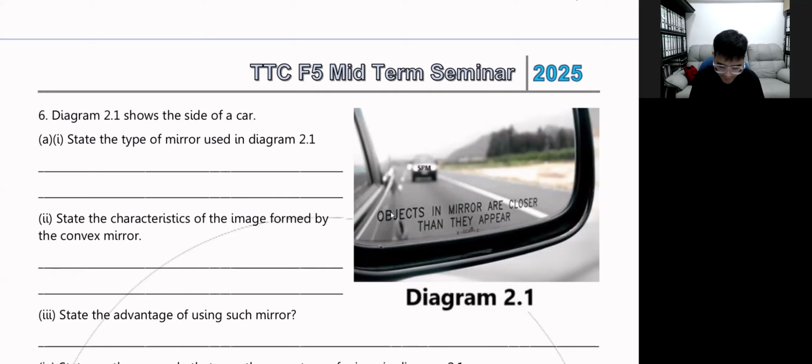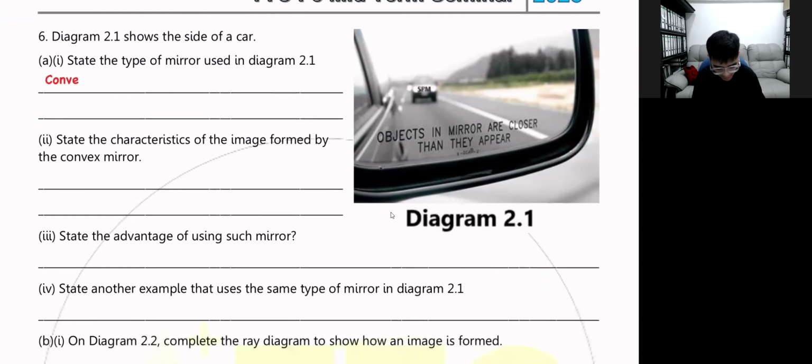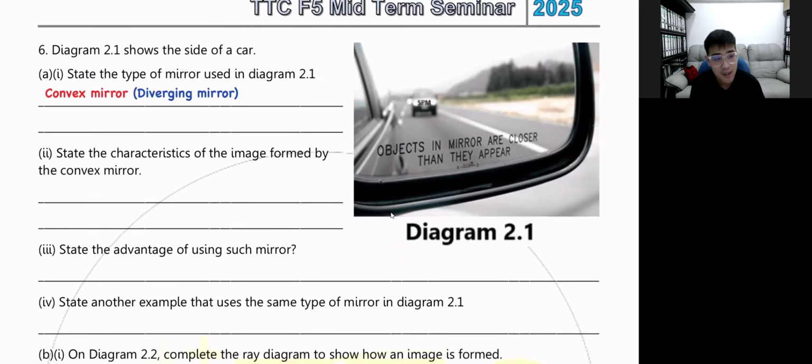Now remember, convex mirror is a diverging mirror. Convex mirror, just convex mirror. I don't know why the answer gives you 2 answering spaces, but you can also write convex mirror is a diverging mirror. So it is not supposed to be a concave mirror. Why? Now, we can look at question 6A2 first also.